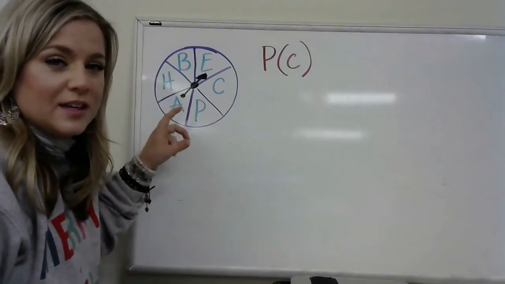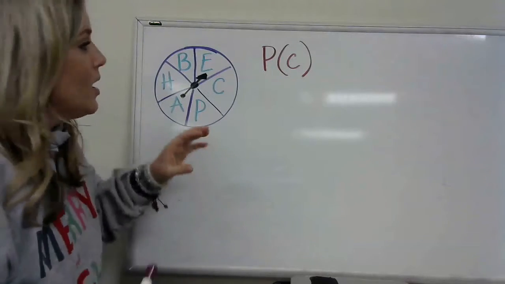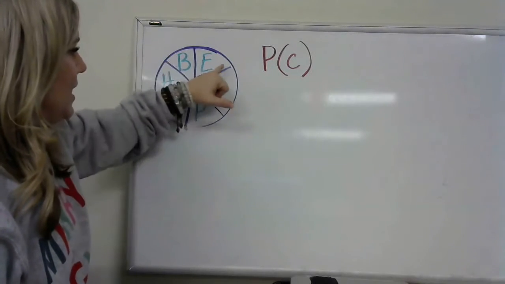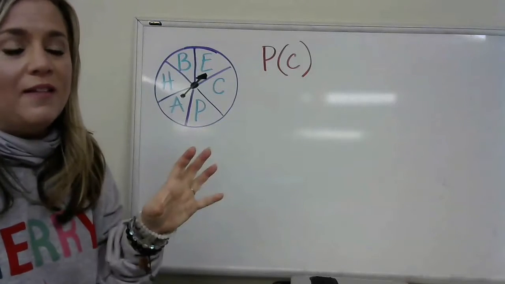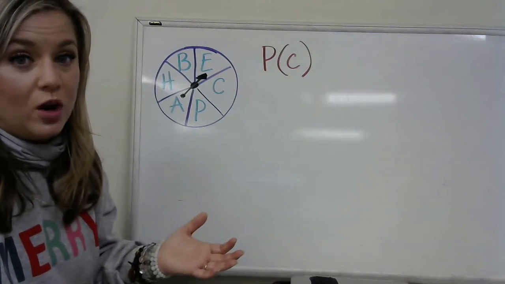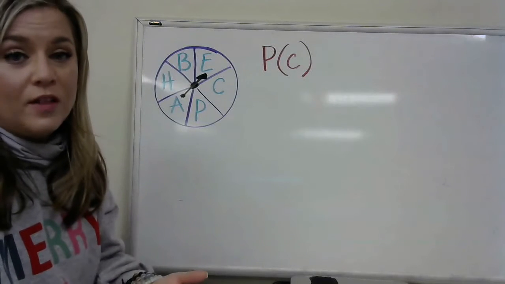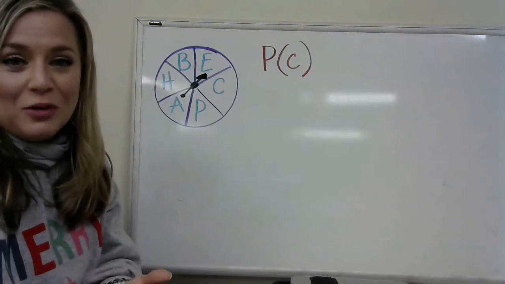I don't know if you can see because there's kind of a glare on my end, but you see me bigger. So this is B, E, C, P, A, and H. When you get something like this, or even a deck of cards, you know there's 52 cards. Everybody's heard of 52 card pickup. If you've never heard of the game 52 card pickup, please come see me. I will enlighten you.